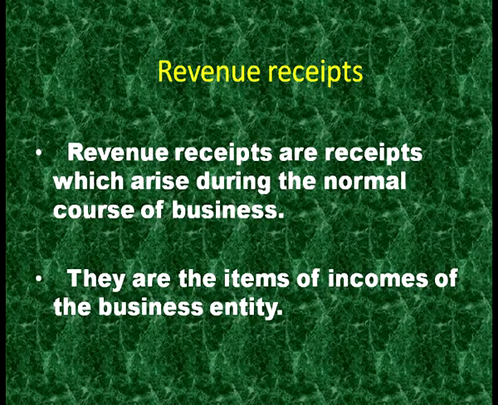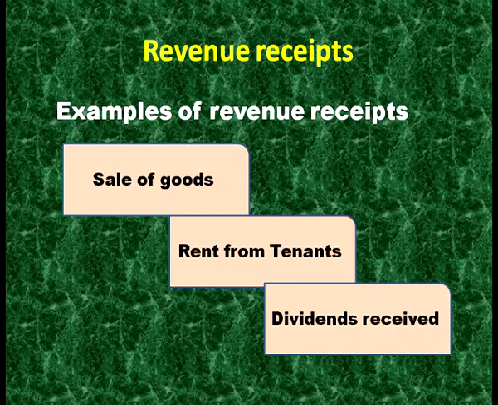So, what are revenue receipts? Revenue receipts are receipts which arise during the normal course of the business. They are the items of income of the business entity. Examples of revenue receipts: sale of goods, whatever amount you collect by selling your goods, is the best example of a revenue receipt. And then any other income.